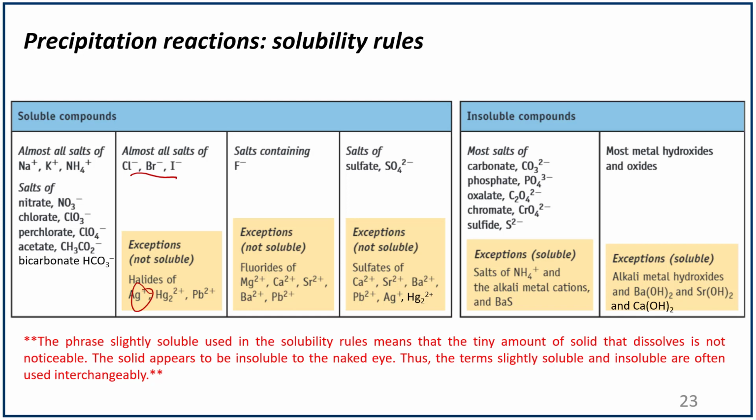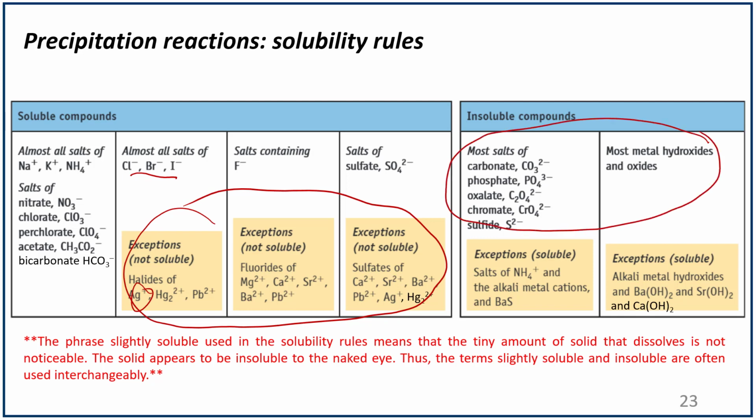But for now, all of these compounds that are in these, with some exceptions of course, are insoluble compounds. And again, as we have said earlier, insoluble compounds, at least for this chapter, are not strong electrolytes.